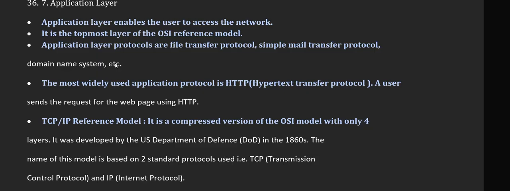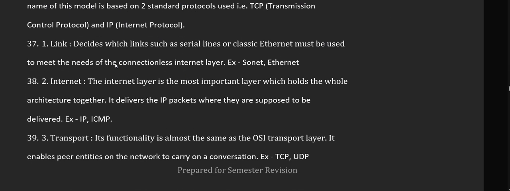The TCP/IP reference model is a compressed version of the OSI model with only 4 layers. It was developed by the US Department of Defense, that is DoD, in the 60s and 80s. The name of this model is based on two standard protocols, TCP and IP, that is Transmission Control Protocol and Internet Protocol.